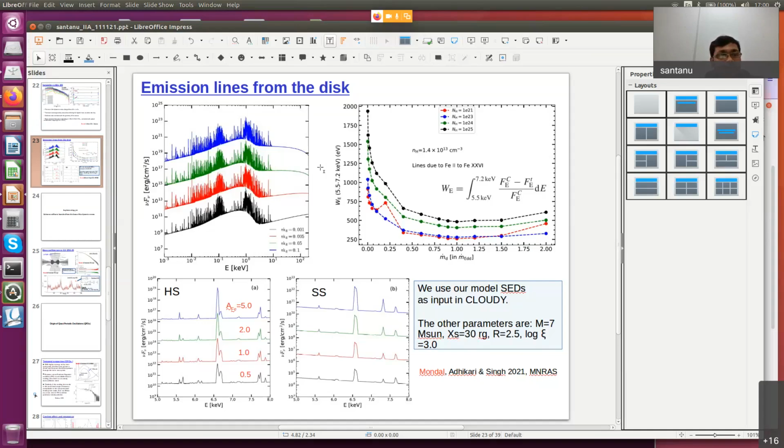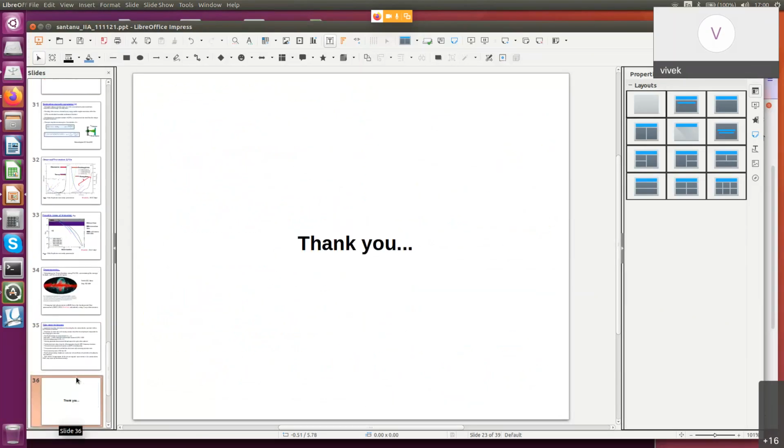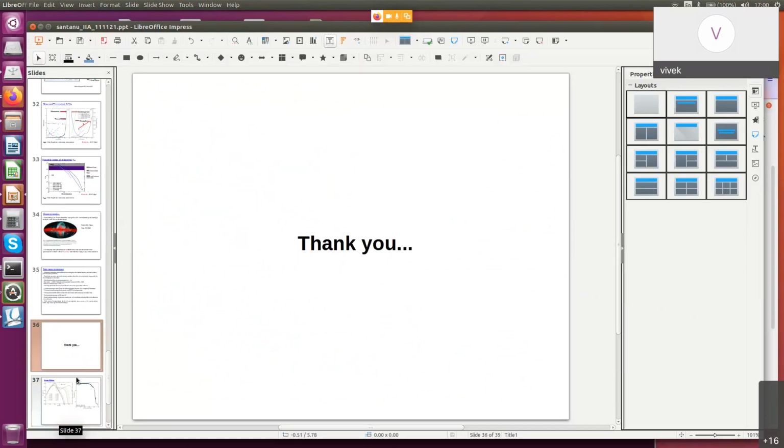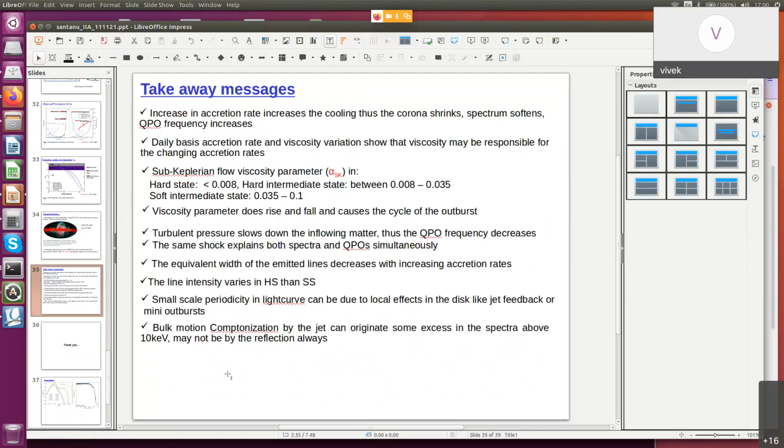In your final slide, you mentioned the equivalent width varies with accretion rate. Do you mean to say there is a Baldwin effect in quasars, where there is an anti-correlation between equivalent width and the luminosity?